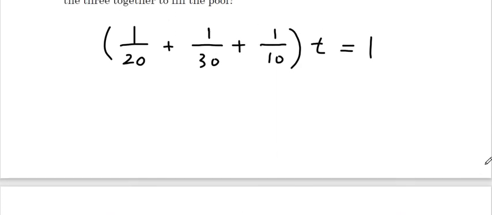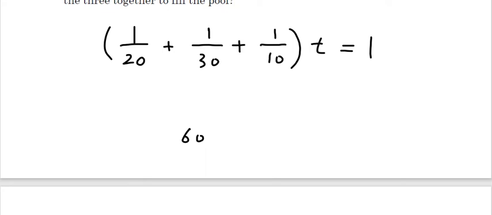Okay, so we just solve this equation. It's easy. Here we need to use fraction operations. At first we add them up together. With 20, 30, 10, the common denominator is 60, right?